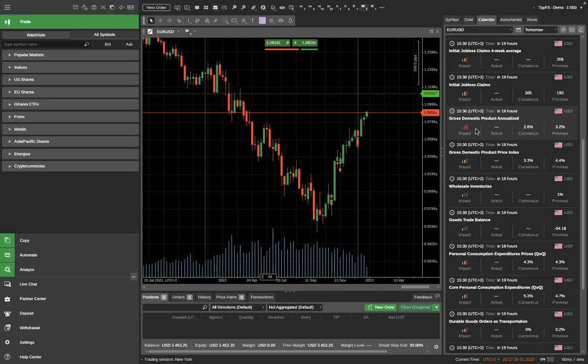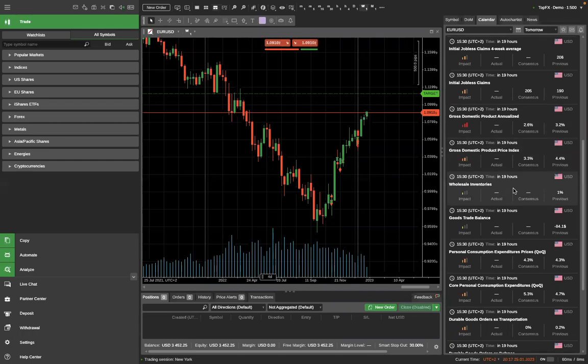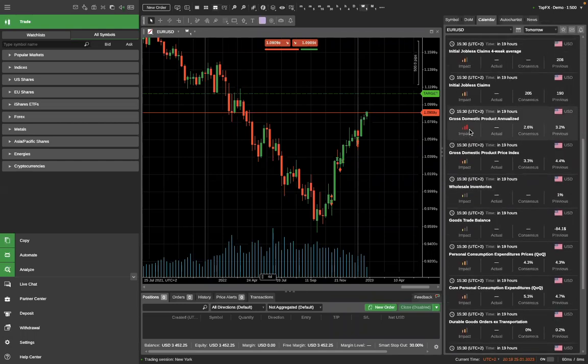You can customize your calendar. You can choose how much data you want to see at once and how the data is displayed. Okay, so that's another thing. For example, you want to see only the very important, high impact events.